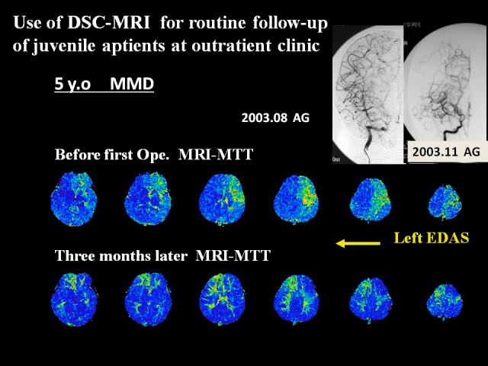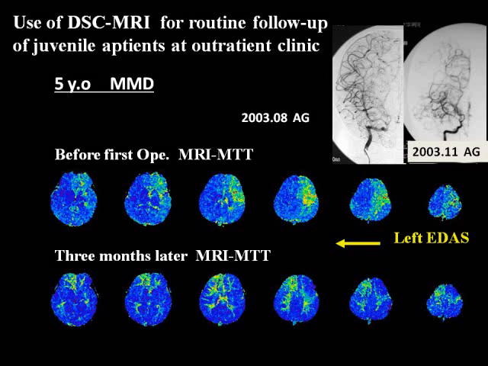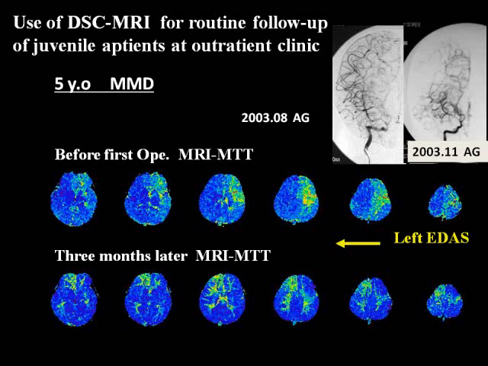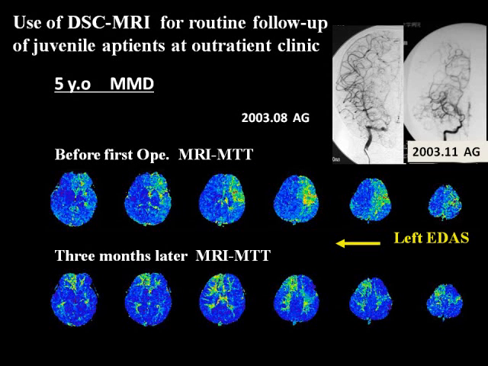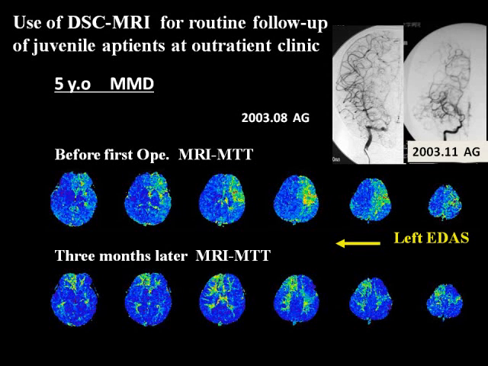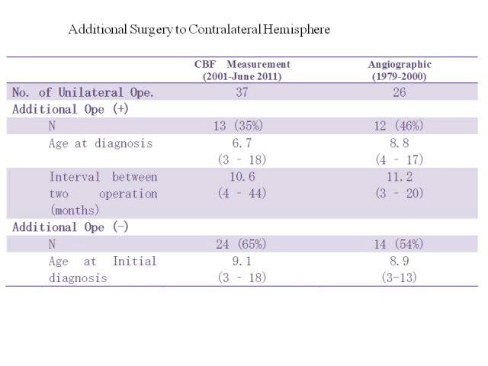We operated on this patient. But 3 months later, CBF on the right side got worse, and this side showed an increase. And in just 3 months, vascular lesions developed.